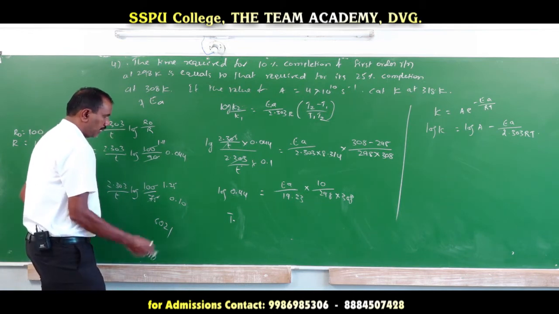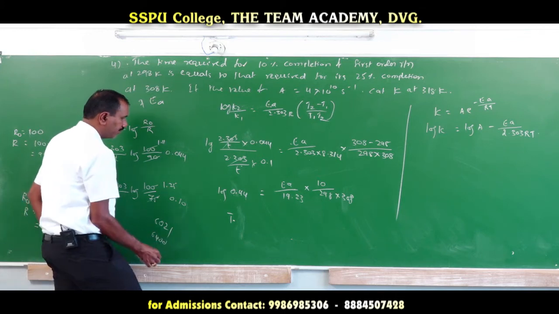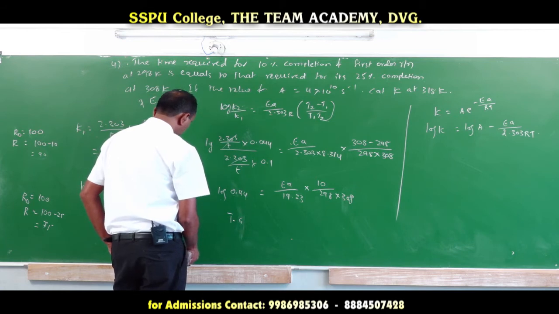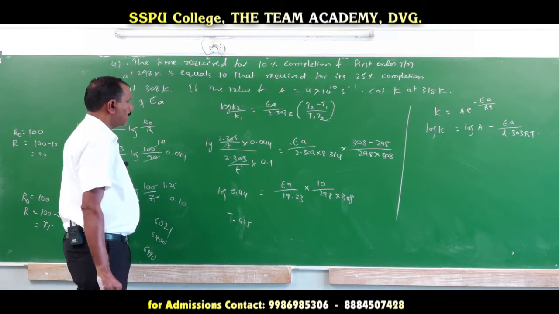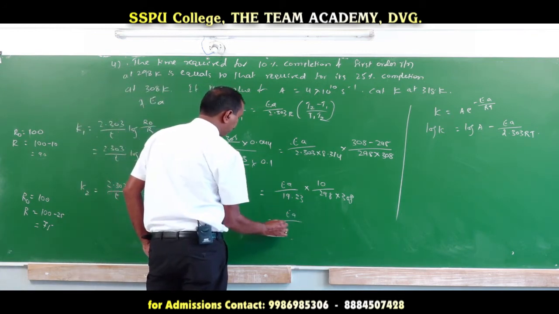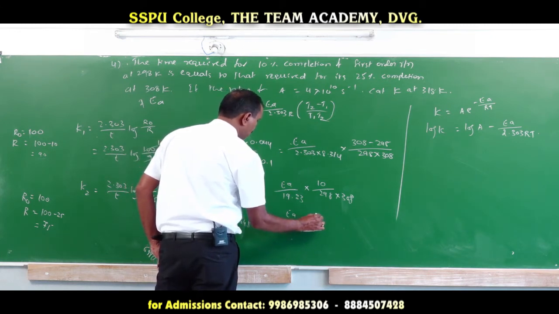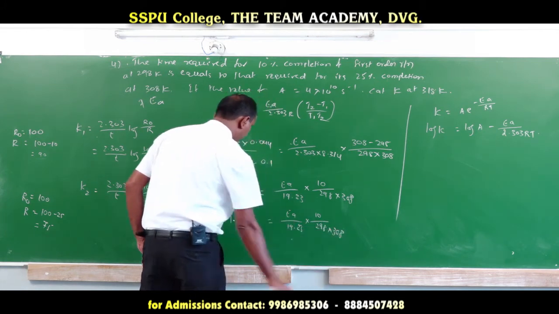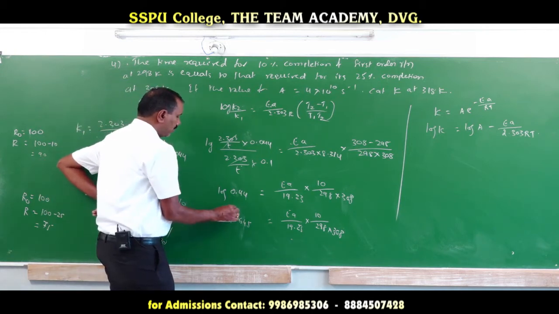So 44 is nearly 6435, nearly 645. If the log value is negative, then how to do it?